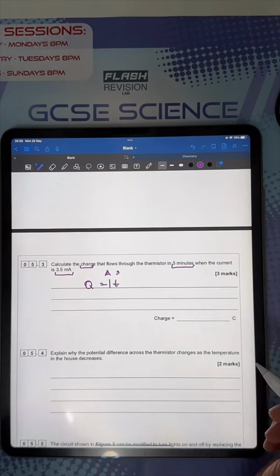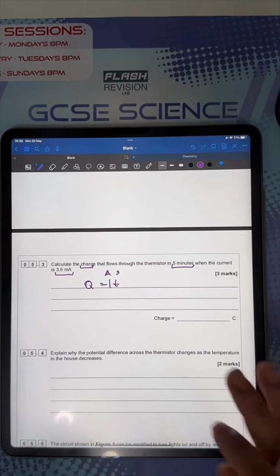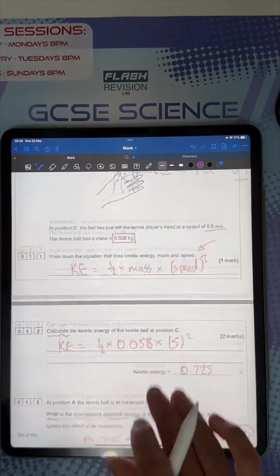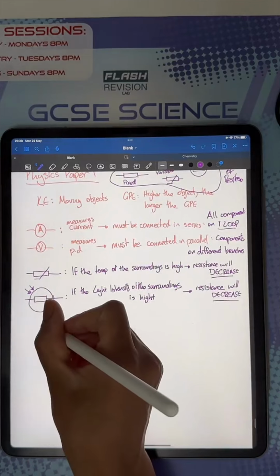So we need to convert both. So first of all, let's start off with the amps. How do we convert that? Divide by 1,000, not times by 1,000. Let me write this down in the notes as well so that you don't make the mistake.